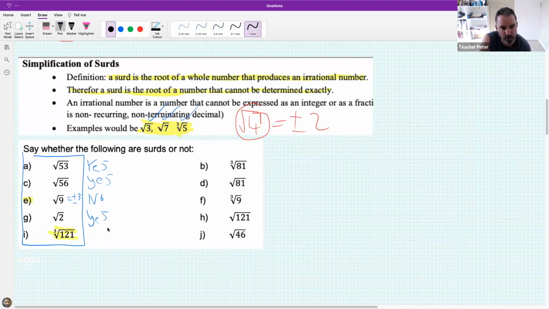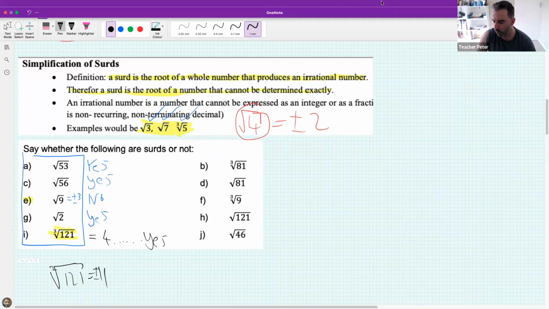If I go the cube root of 121, because 5 times 5 times 5 is 125, the square root of 121 is 11, but the cube root of 121 is going to be like 4 point something. So this is a surd. So we got confused there because the square root of 121 is plus or minus 11, and that would not be a surd, but this is a surd here.